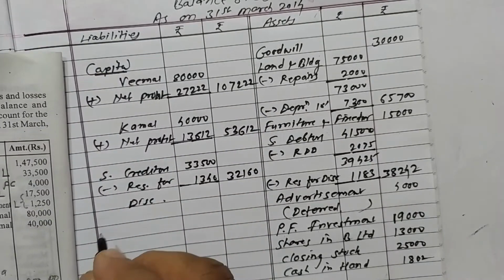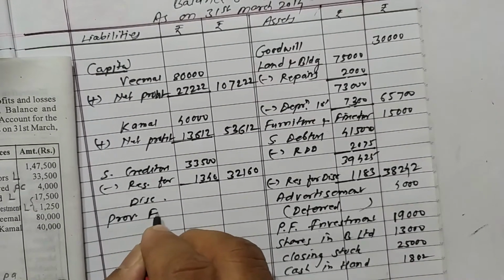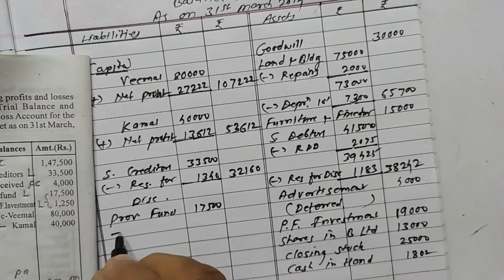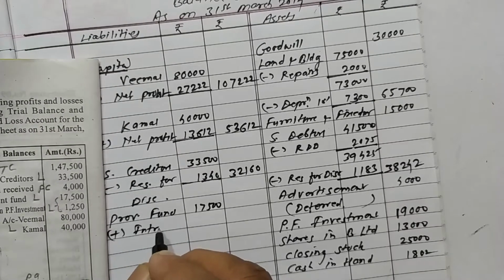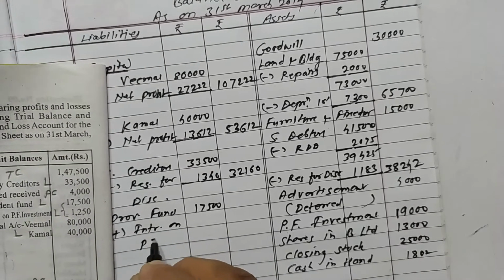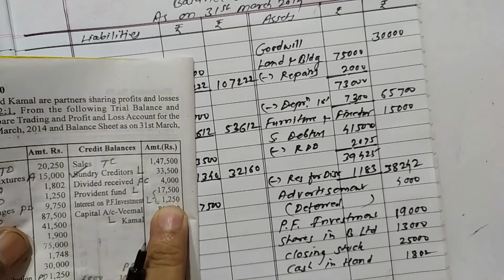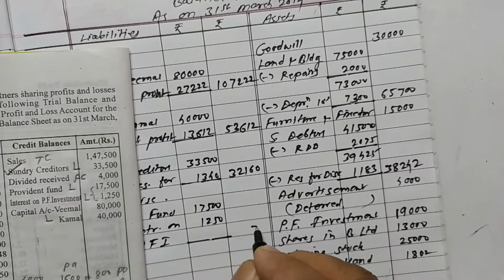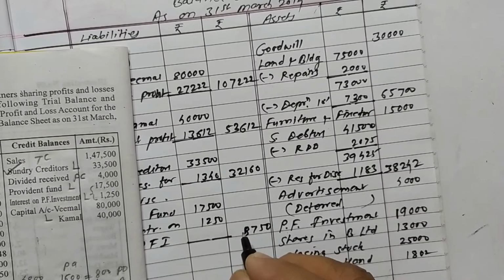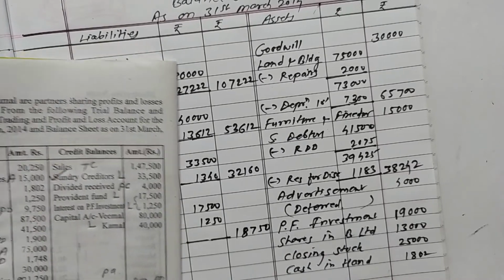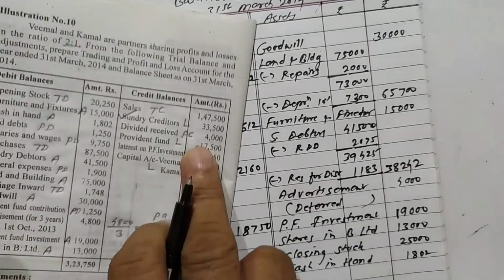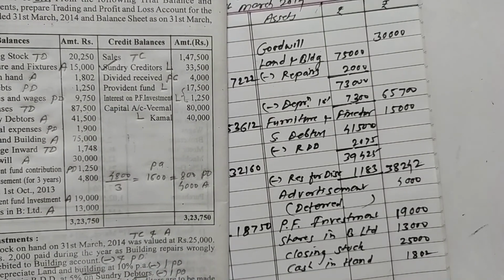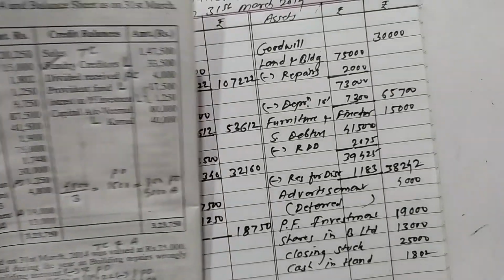Now next see. Provident fund is a liability. Write in the inner column rupees 17,500. We have to add interest on PF investment, rupees 1,250, and total comes rupees 18,750. Okay, nothing else.